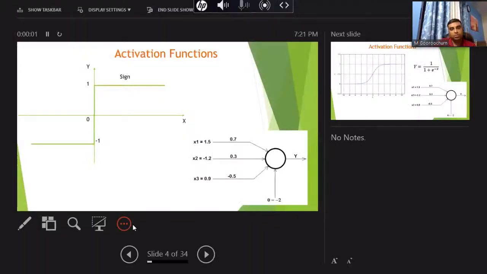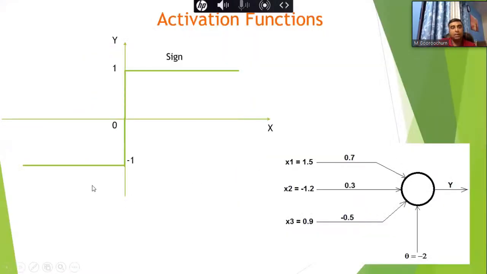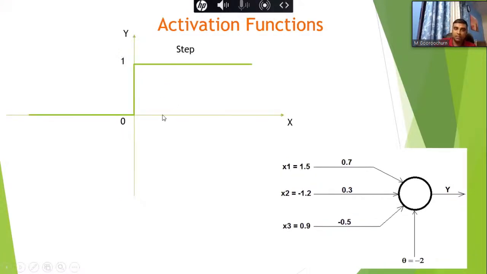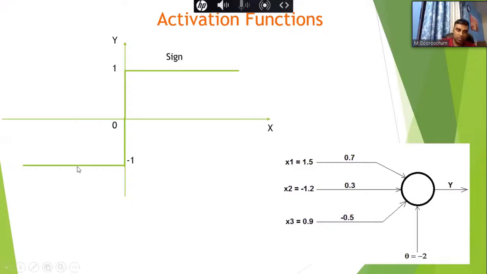Remember the sign activation function is very similar, except that your output can be 1 or minus 1. Of course, your capital X minus theta will be 2.24. If you feed that into the sign activation function, you would again get 1. But if it was ever negative, you would not have got 0 like for the step, you would have got minus 1 here.